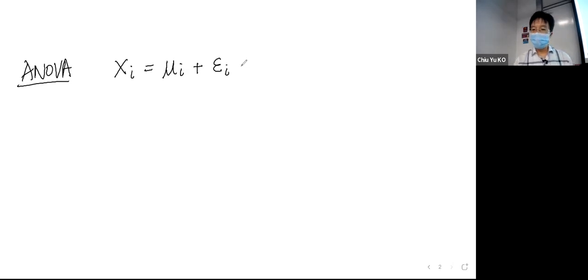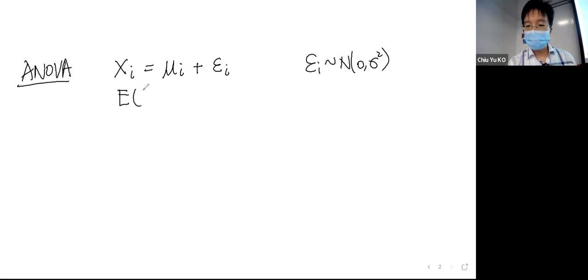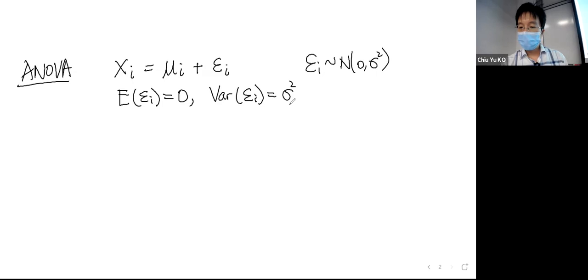And usually we assume, as for inference, that this is normal with sigma, a bell curve. And the extra assumption we have to make is that the mean of the error is 0, and the variance is the same for the different groups. They share the same variance. And the next one is that each group is independent, so the covariance between different groups would be 0, right?